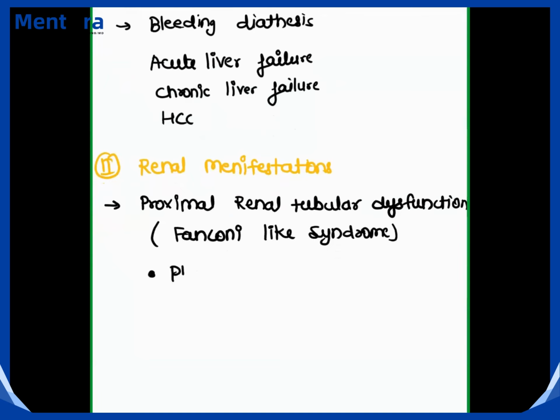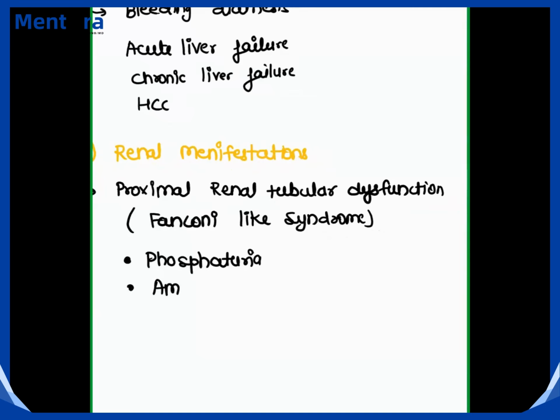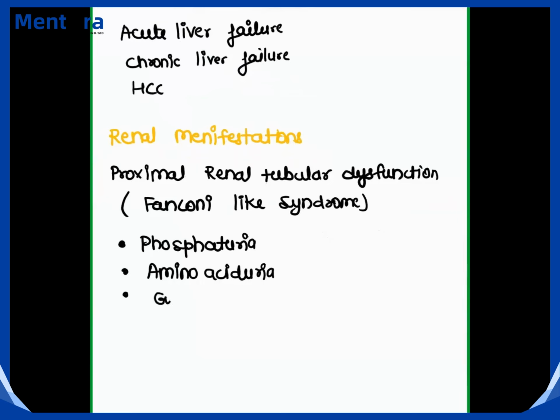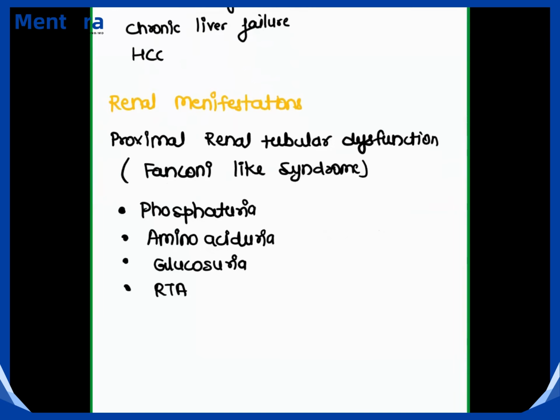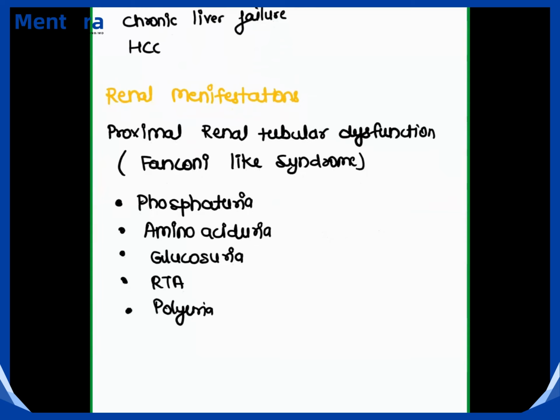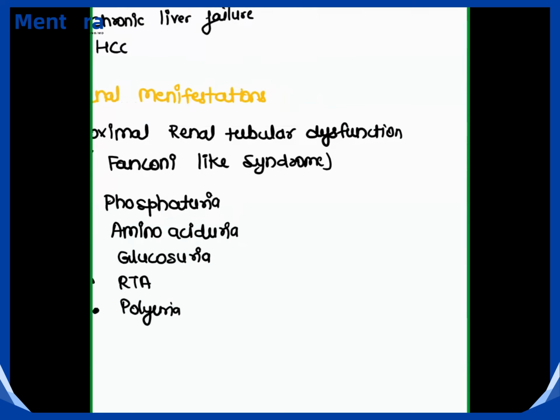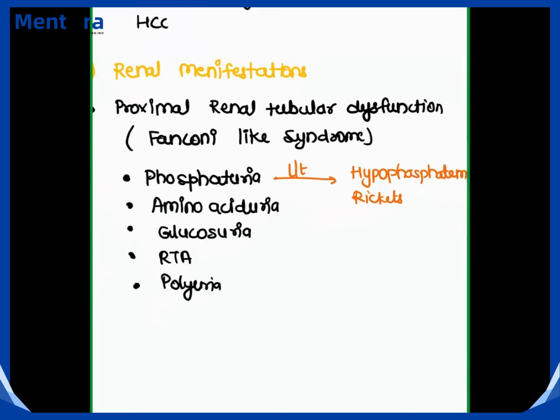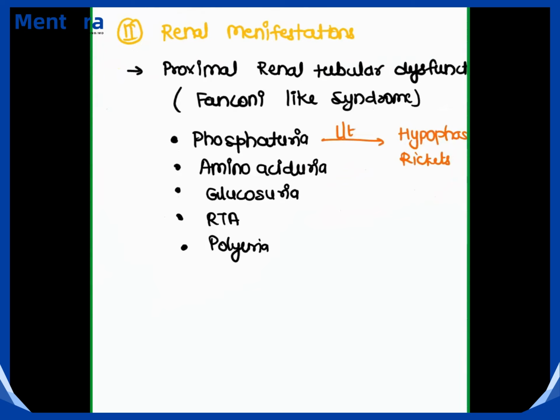And the features are phosphaturia, aminoaciduria, glucosuria, polyuria, and this phosphaturia leads to hypophosphatemic rickets. These are the renal manifestations.